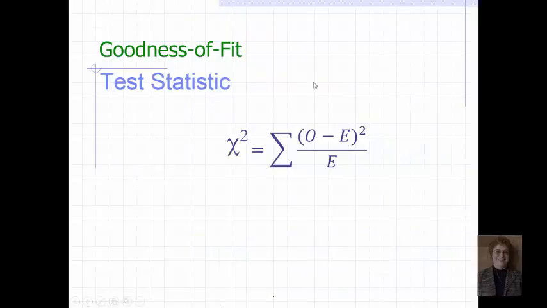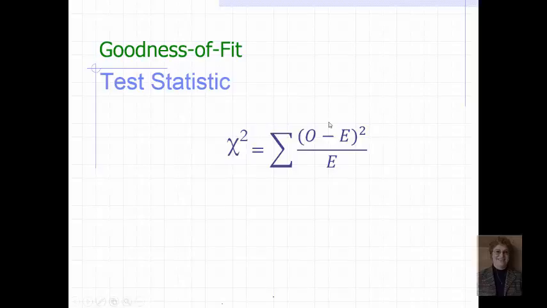So here is the formula for calculating your chi-squared test statistic. You're going to take your observed value minus your expected value, square that, and divide by the expected. You do that for each cell in your table, then add them all up, and that sum becomes your chi-squared statistic.